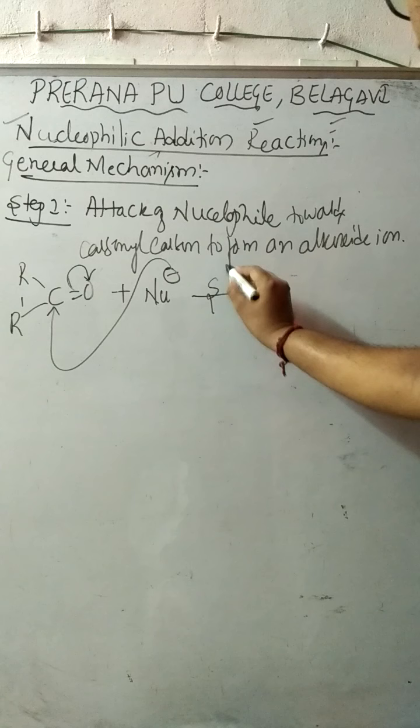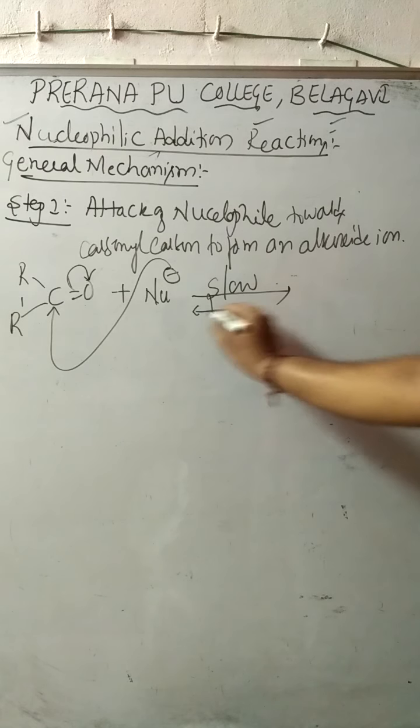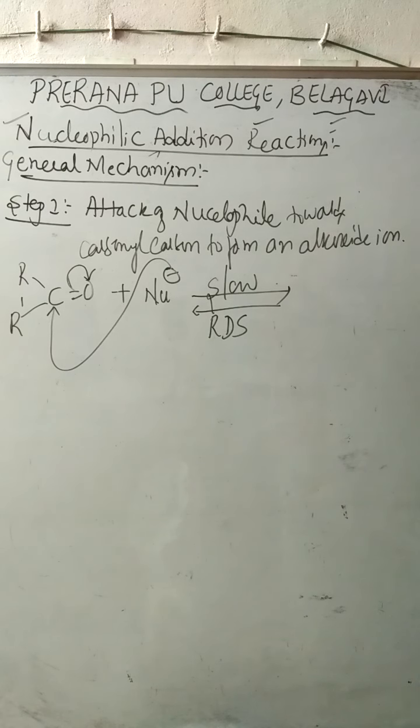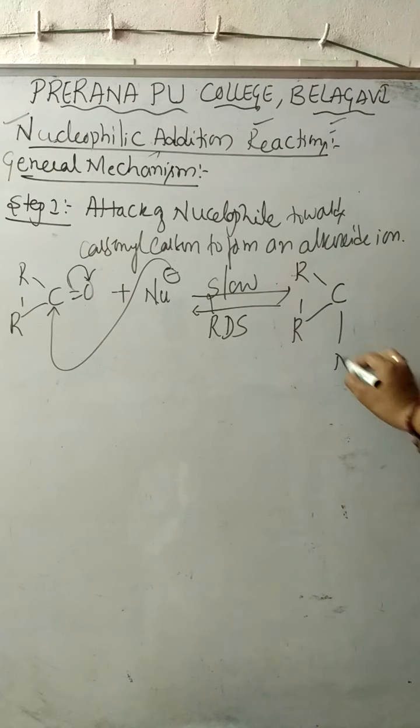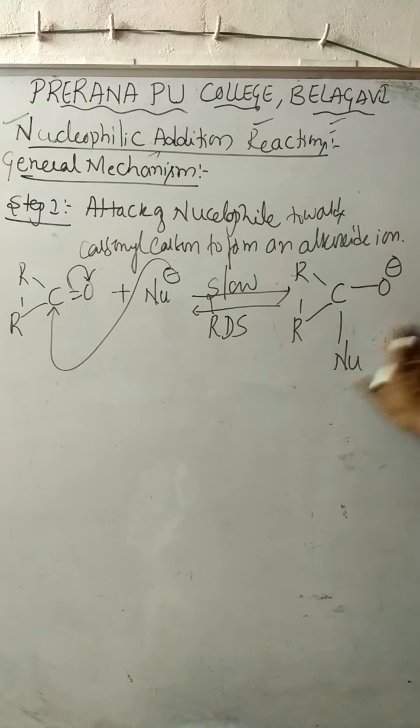This step is regarded as the slowest step, and it is considered the rate determining step for the reaction. So this is R dash, and the attack of the nucleophile in a perpendicular direction forms what type of ion? An alkoxide ion, because oxygen is negatively charged. I can call this an alkoxide ion.